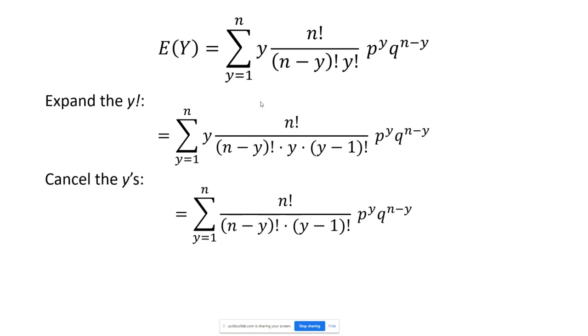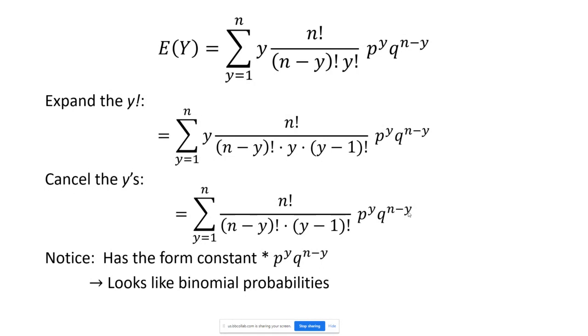All right, so now here comes a cool trick. Notice that this thing in the summation has the form of something times p to the y times q to the n minus y. That's kind of like the probabilities from a binomial distribution.